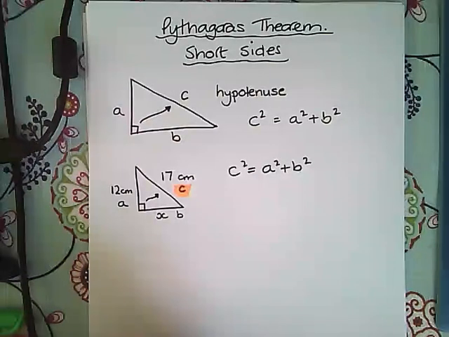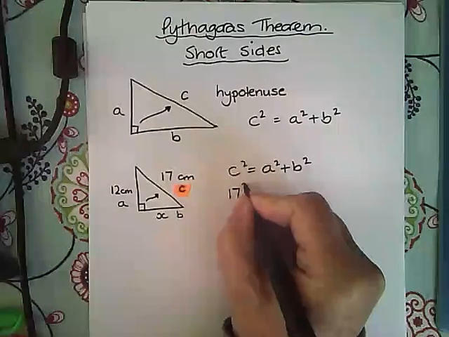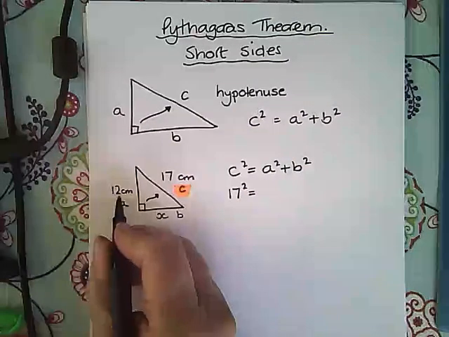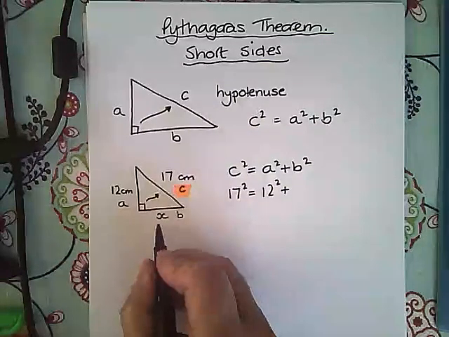without doing any calculations. So I don't work out the square of 17, I just put it in as 17 squared to begin with. So C is 17, so I write 17 squared, and that is equal to A, which is 12 squared, plus B squared, which is x.